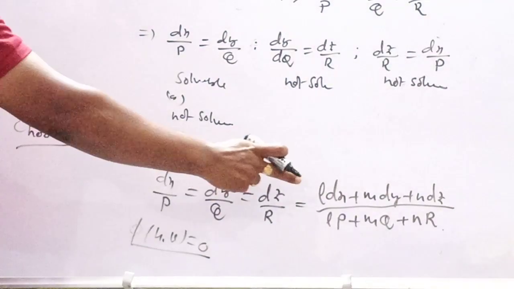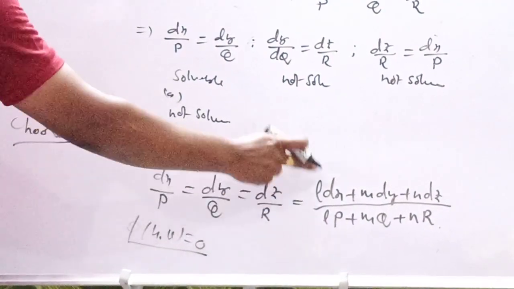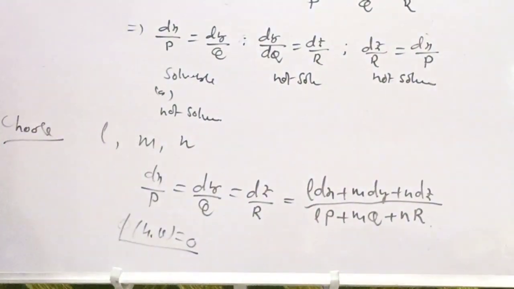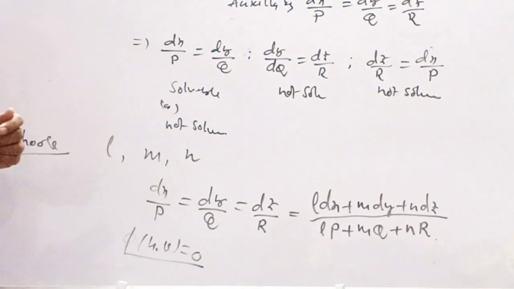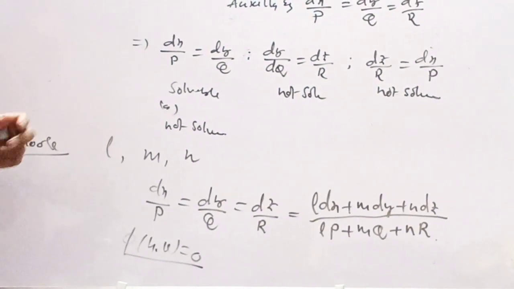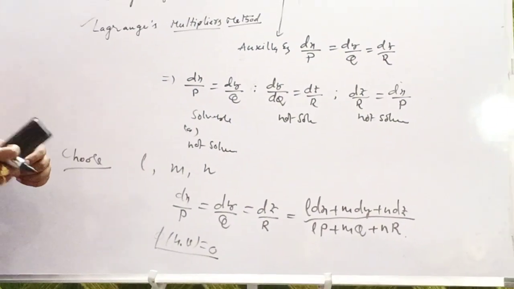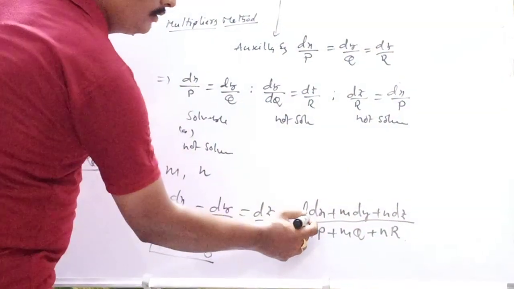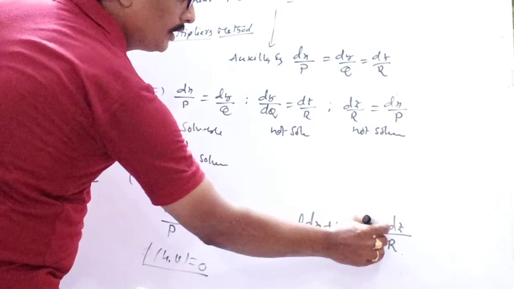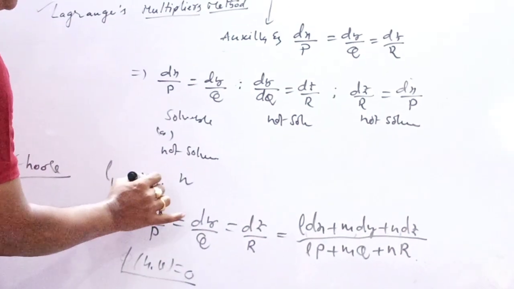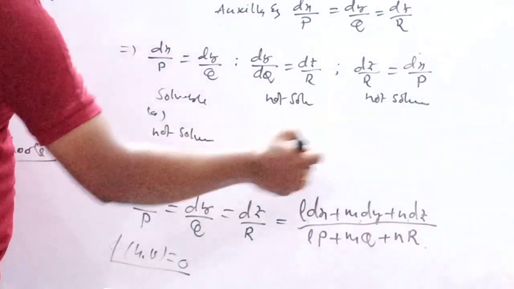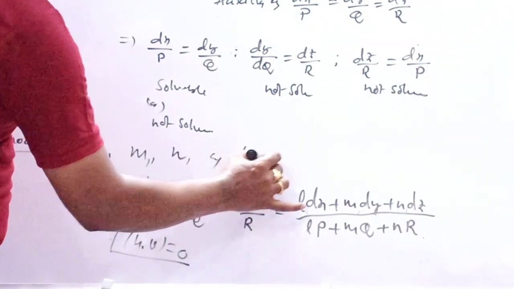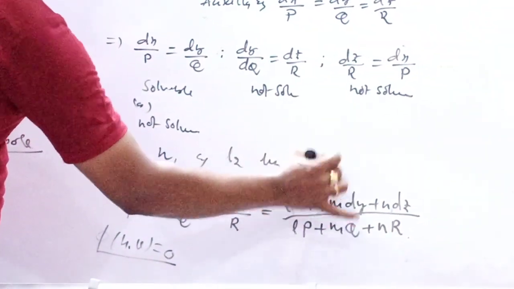Suppose out of the equations 1 and 4, 2 and 4, 3 and 4, at least 2 solutions are required, but it fails to give 2 solutions. Then you take this as L1, M1, N1, and you choose another different set of multipliers, L2, M2, N2.